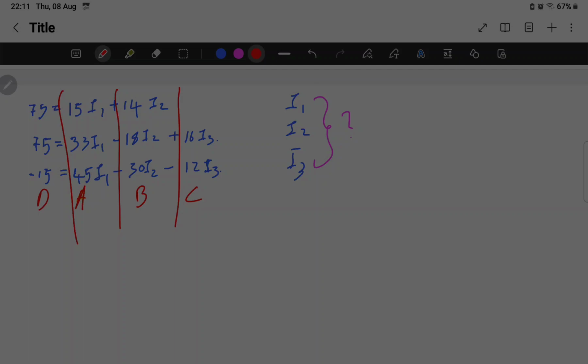Our A value is 15 equals, B value is 14 equals, C is 0 equals, D value is 75 equals.